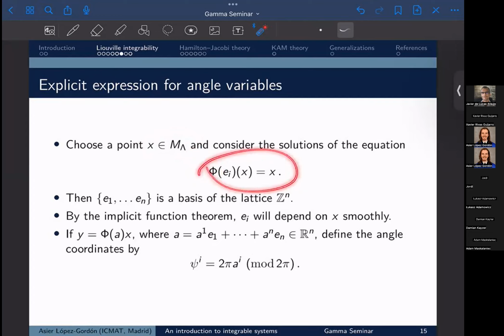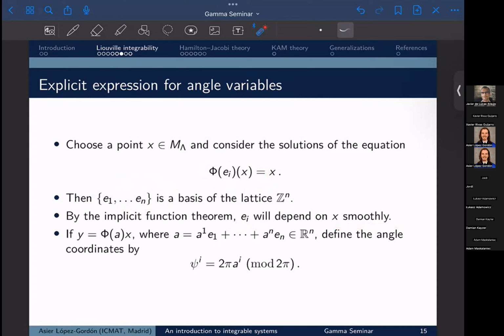We can show that this equation has a finite number of discrete solutions, and these solutions form a basis of the lattice. And basically, using the implicit function theorem, we can see that the solutions of this equation will depend smoothly on X.